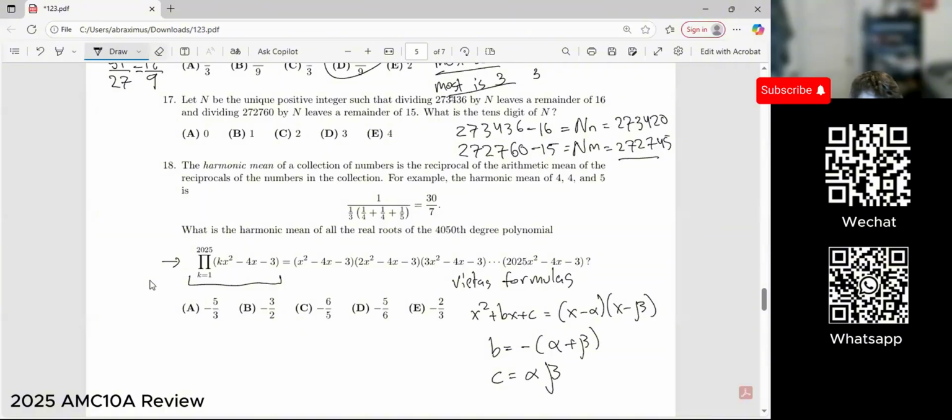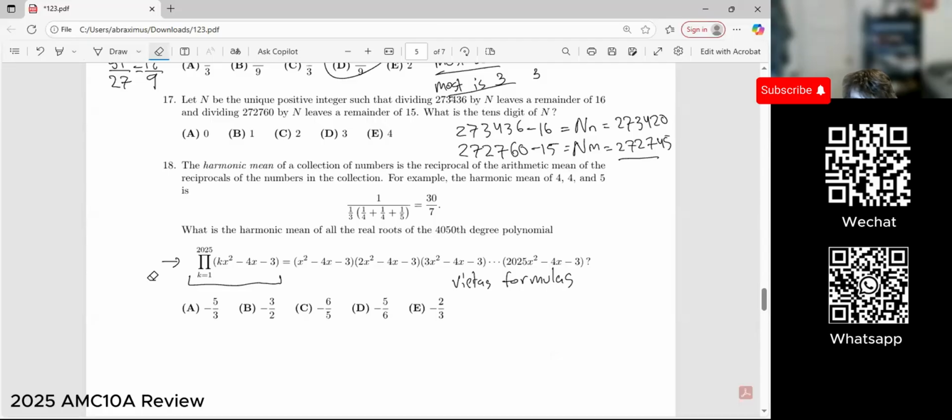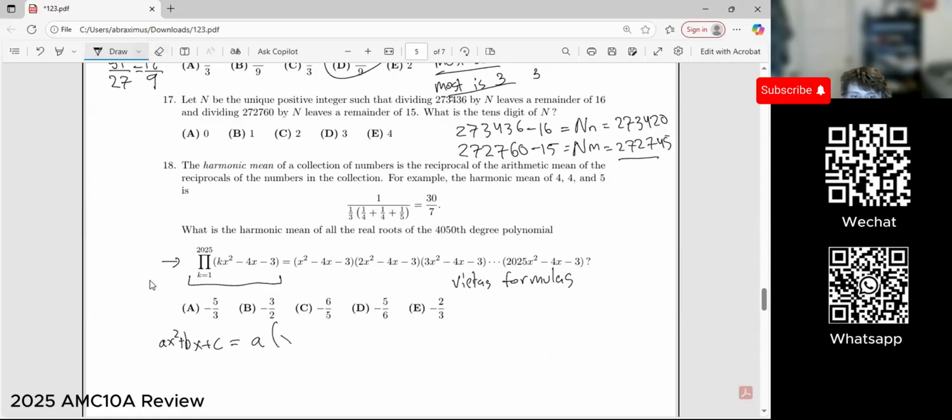Okay, so let's back up a little bit. If we have some sort of quadratic polynomial, ax squared plus bx plus c, the dream is to be able to factor it like this: a times x minus alpha times x minus beta.